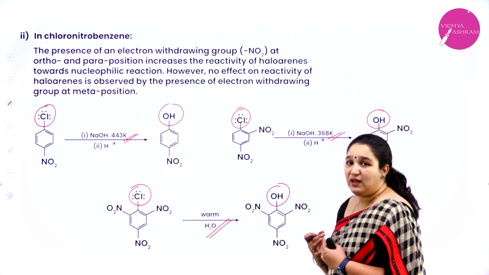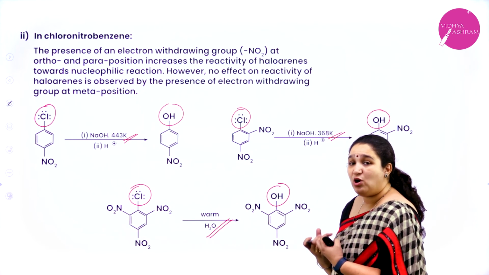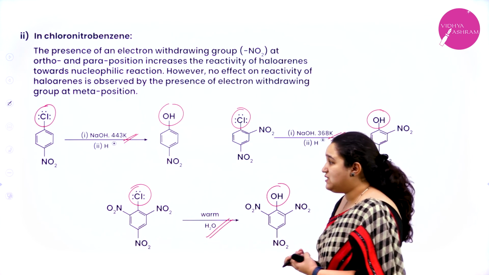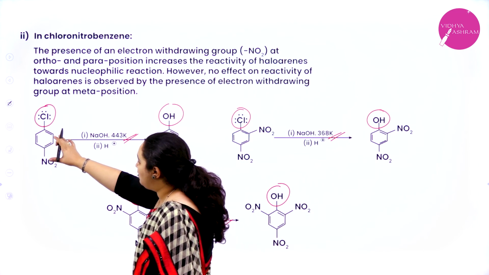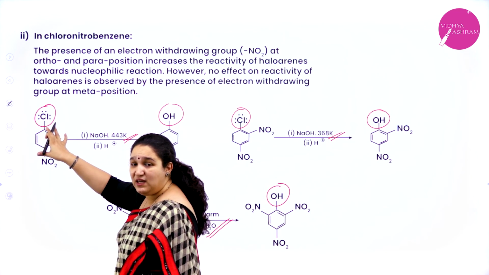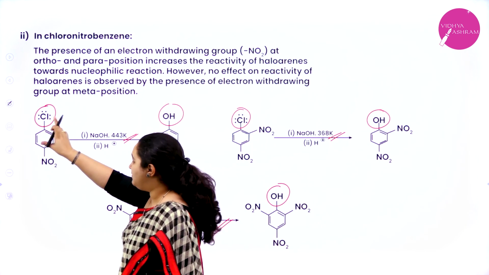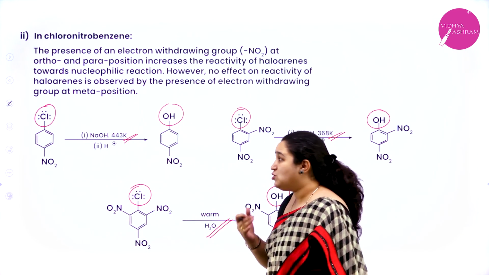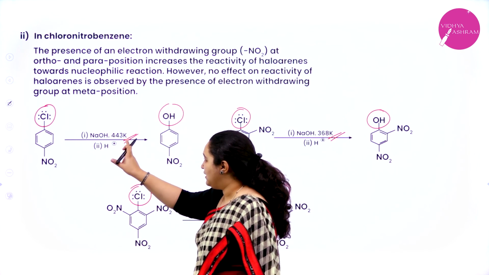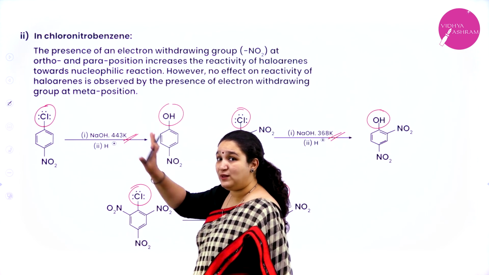So what is happening here? Nitro group is an electron withdrawing group. So it is pulling the electron towards itself. Thus the electron density on the benzene ring is reducing, because of which the substitutions are becoming easier. So if we have only one nitro group, a little less temperature compared to with no nitro group.